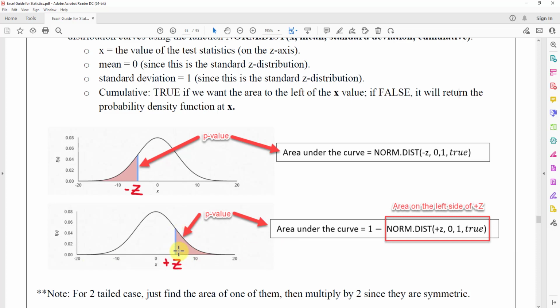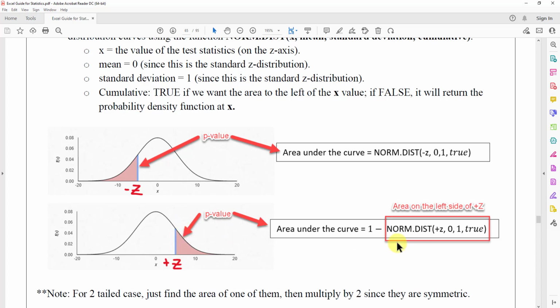For the right tail, the area under the curve is your p-value. For the right tail, we can still find the area on the left side of the plus z. And then we just take 1, which is everything, and subtract the left area to give you the right area. I'm looking for the area to the right, but there's not a direct formula to find that.